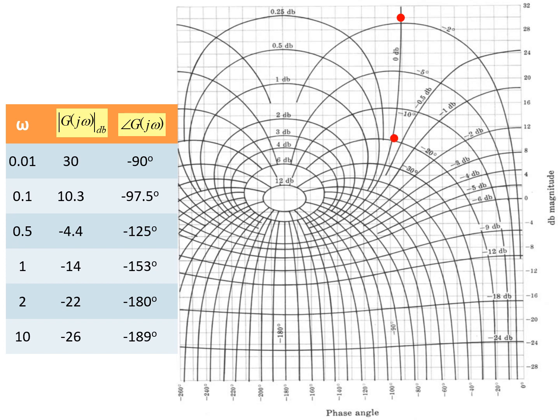You can observe one point here highlighted in red, that is omega equal to 0.01, with magnitude 30 dB and phase minus 90 degrees. Another point you can find here in red is our third point, at 0.5: minus 4.4 dB and minus 125 degrees. So this is your next point.